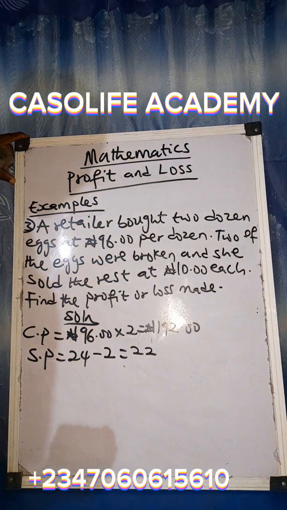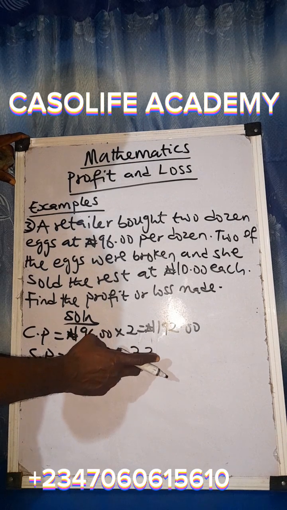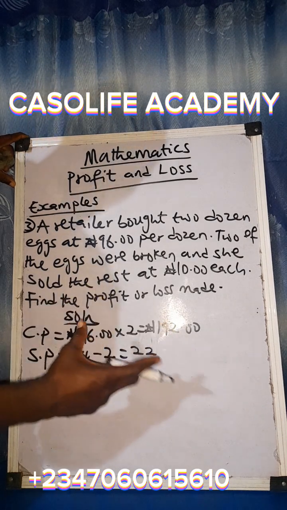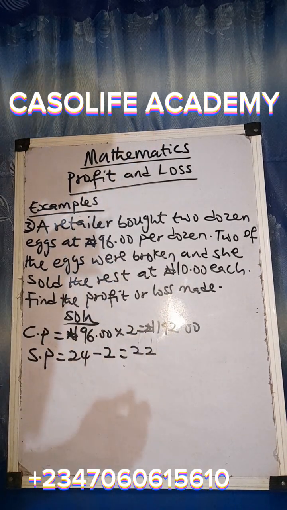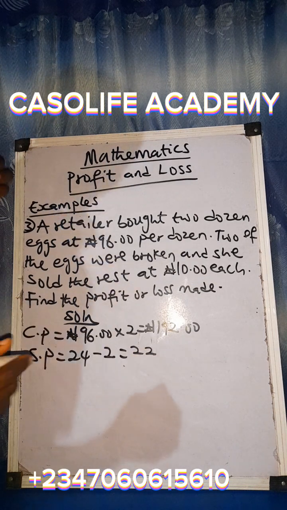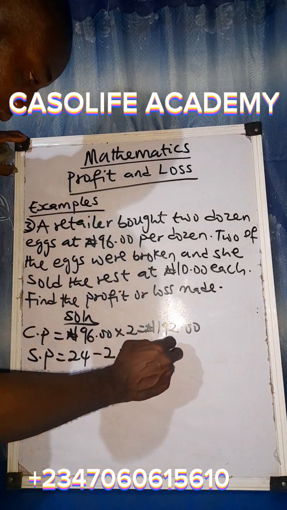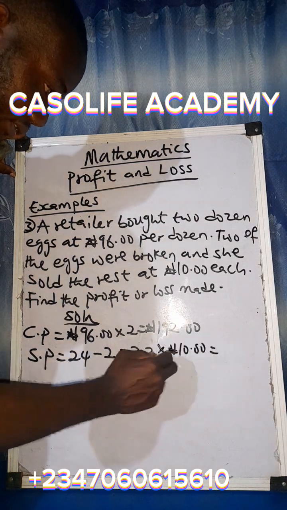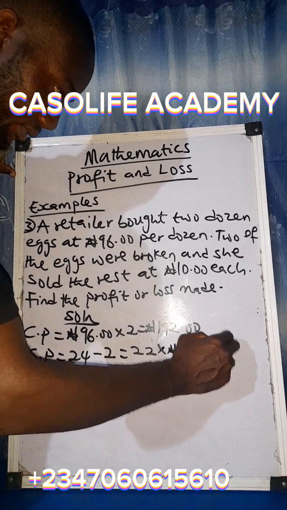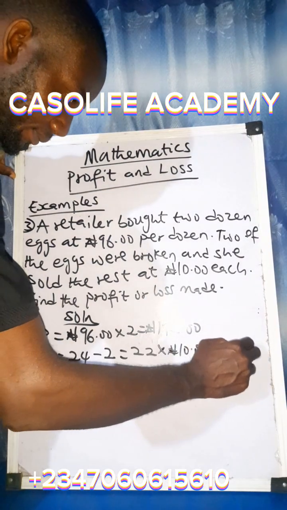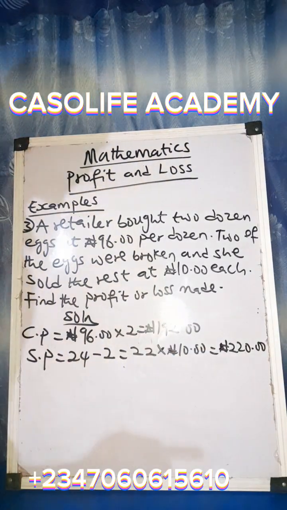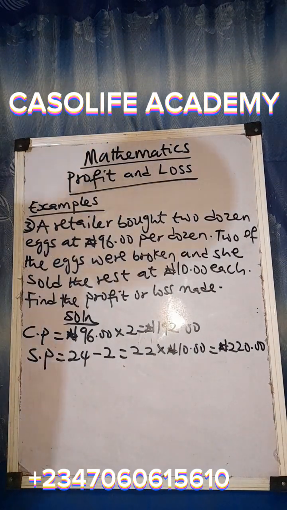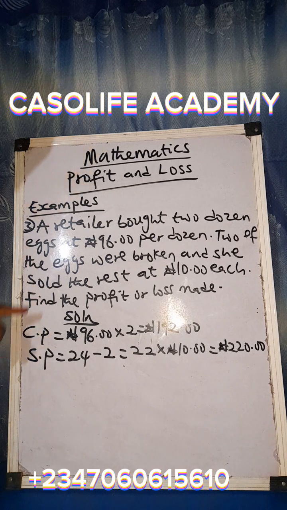And we are told that she sold these 22 eggs, that is the rest, at 10 naira for 1. So the total will be 22 times 10 naira, which is, we just add 0 to the back of this, and it becomes 220 naira.